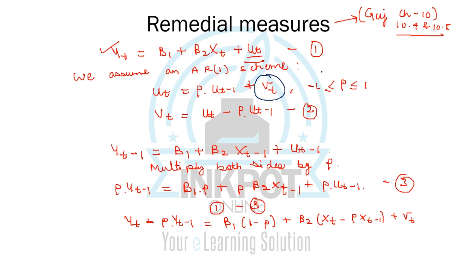Now there is one assumption in this AR1 scheme, which is that vt, the error term here, satisfies all the usual OLS assumptions. You'll ask me why I have written vt. I skipped a step, so let me write it out.